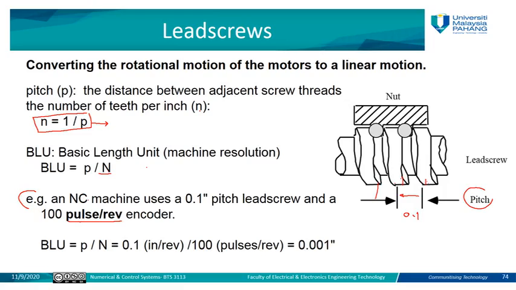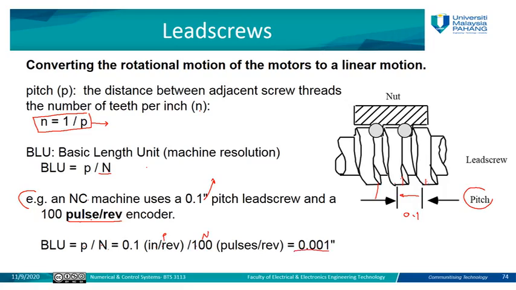So BLU is equal to P over N, which is 0.1 inch per revolution divided by 100. This is the value of P, and the 100 here represents the value of N. So it will give you, for example, 0.001.